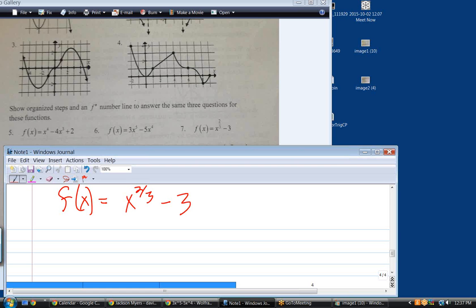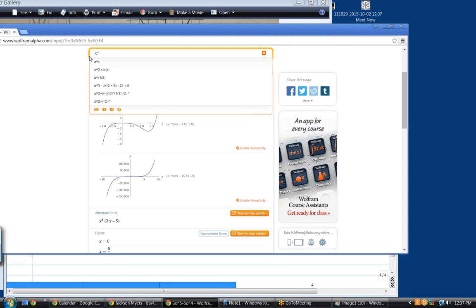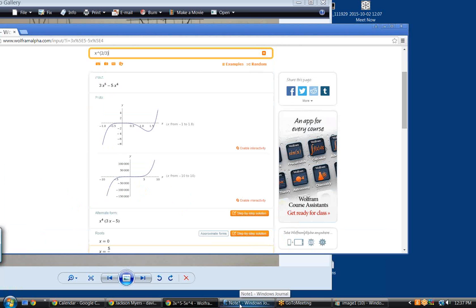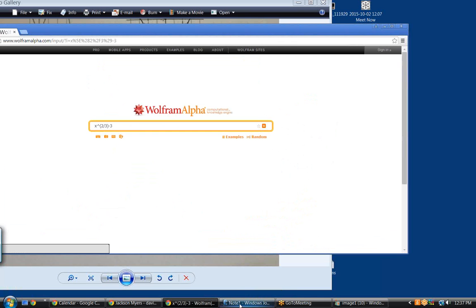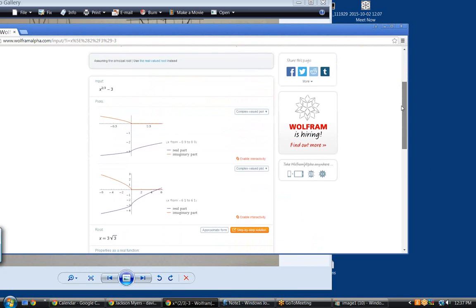Before we do anything, let's graph that. X to the 2/3, what is it, minus 3? We put it in there properly.